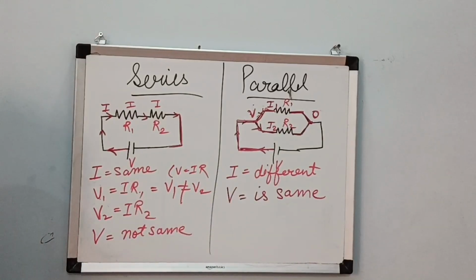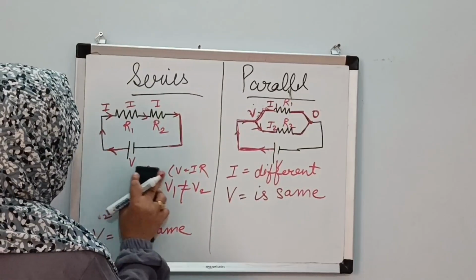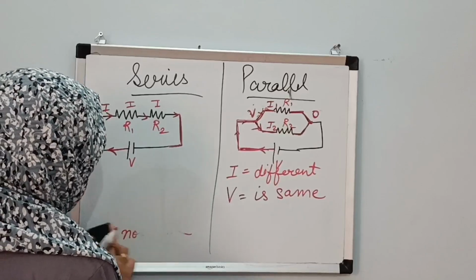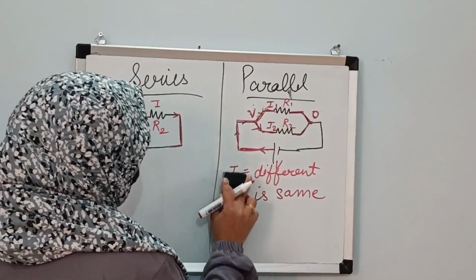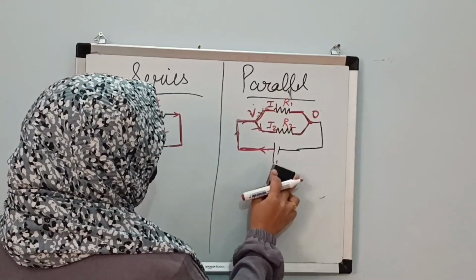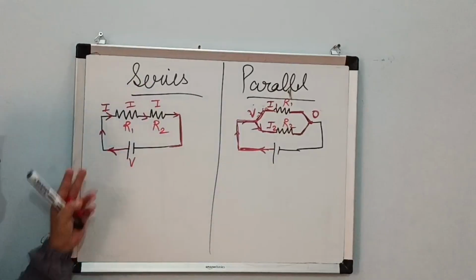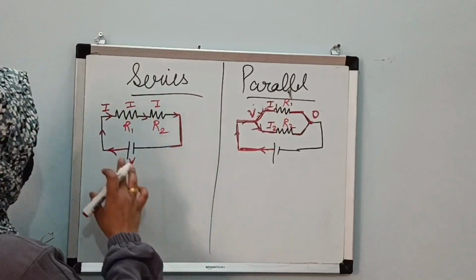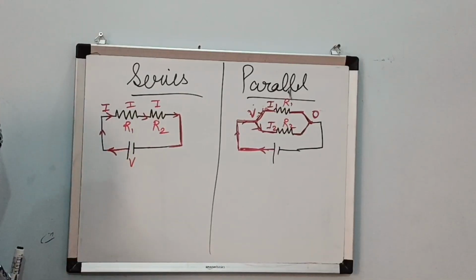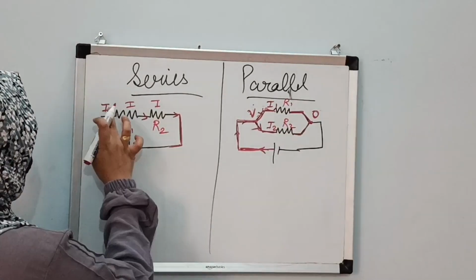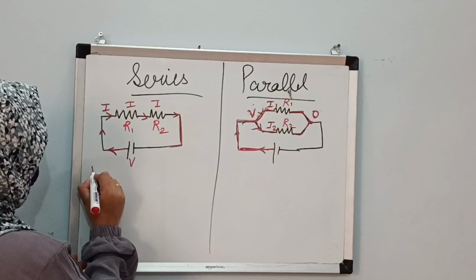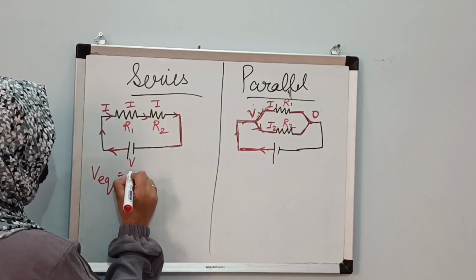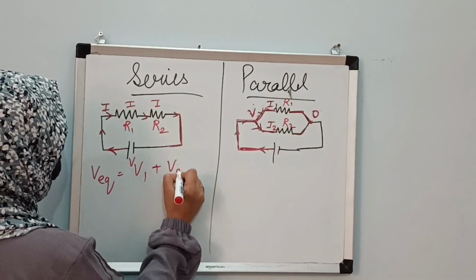All right, now we will find out how to find equivalent resistance between the two resistors, या फिर अगर दो से ज्यादा भी दिए, 3 or 4 resistances are connected, okay, तो how to find out the equivalent resistance. All right, so since here current is same, V is different, so you can say that V equivalent is equal to V1 plus V2.